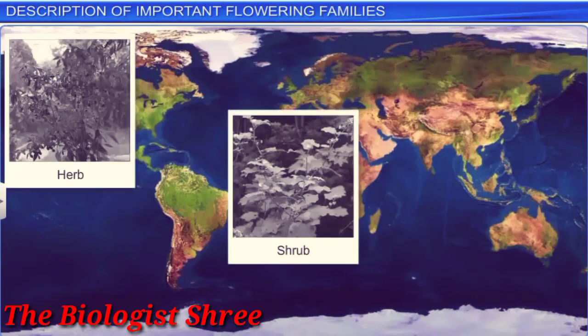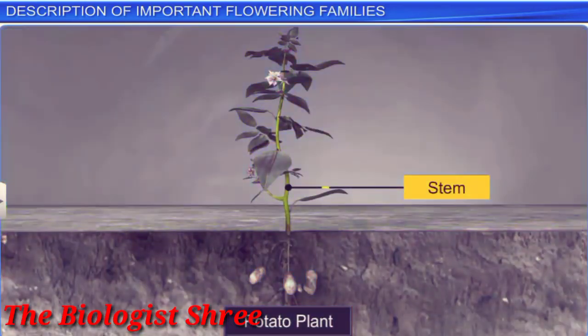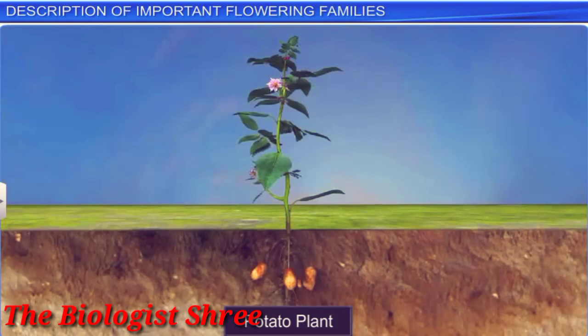Their stems are herbaceous, rarely woody, aerial, erect, cylindrical, branched, solid or hollow, and hairy or glabrous. Sometimes, the stems grow underground, as seen in potato.